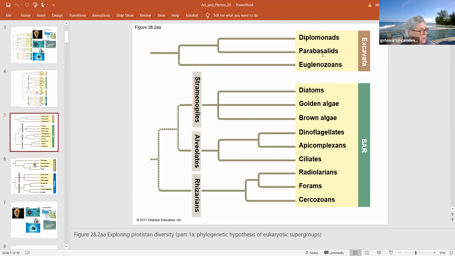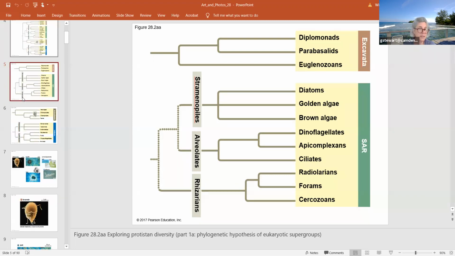Both of these groups have what is known as a mitosome. And a mitosome is similar to a mitochondria, but it's almost like a degenerate mitochondria. It's believed that these organisms originally had mitochondria and then they have lost them or modified them. I believe all of the parabasalids are parasites.